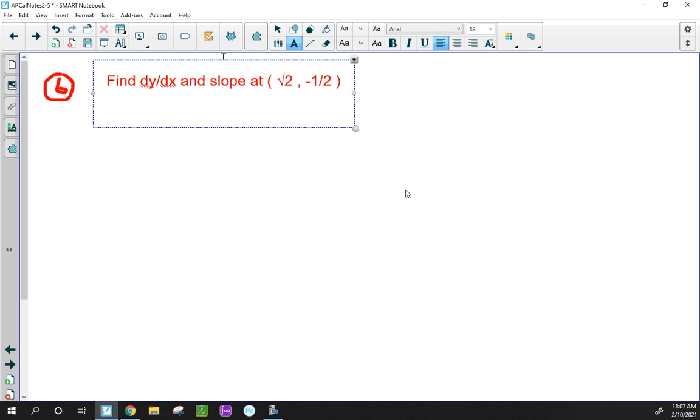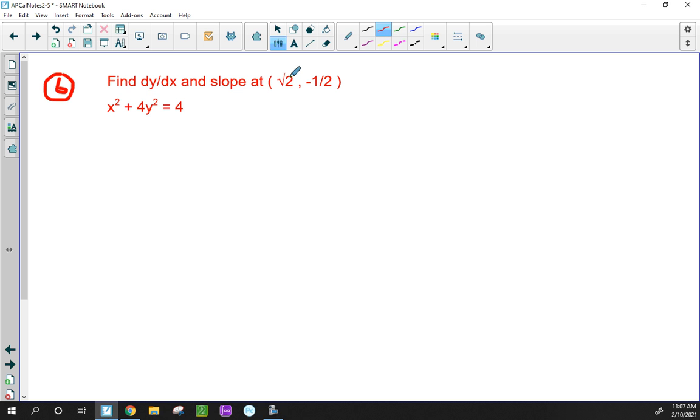Your problem is: find dy dx and the slope at the point square root of 2, comma, negative 1/2, and the equation is x squared plus 4y squared is equal to 4.